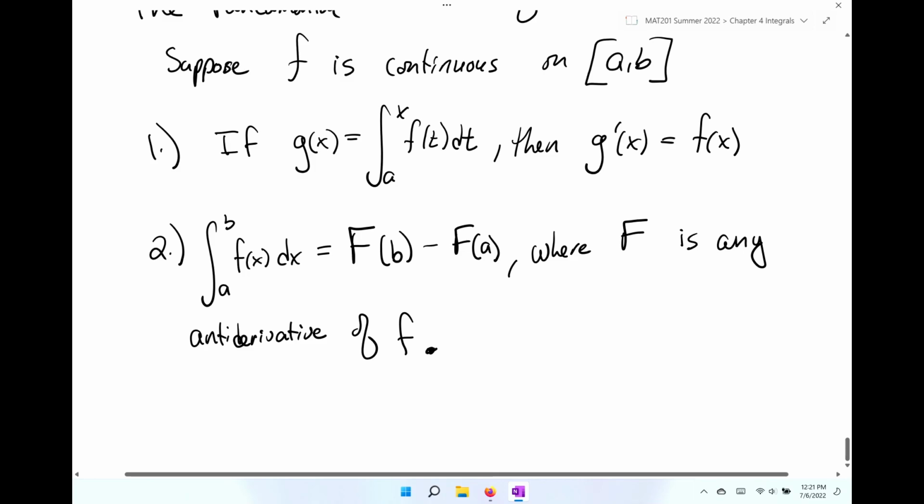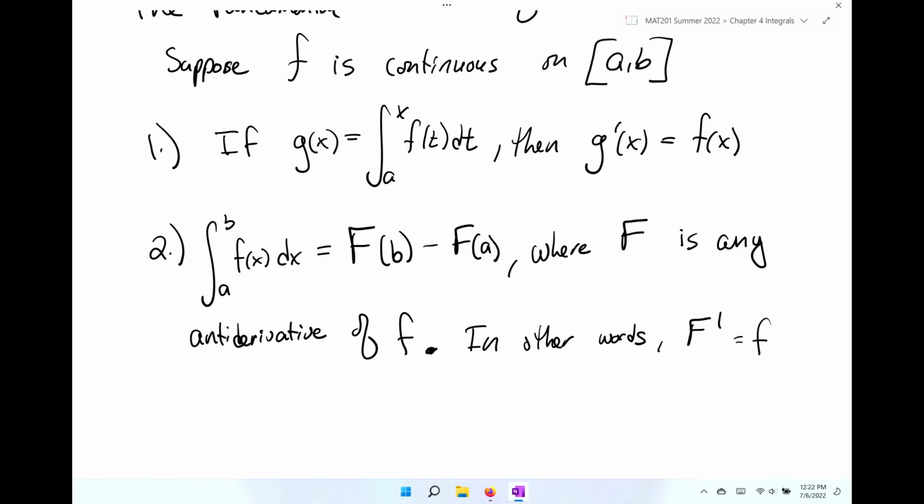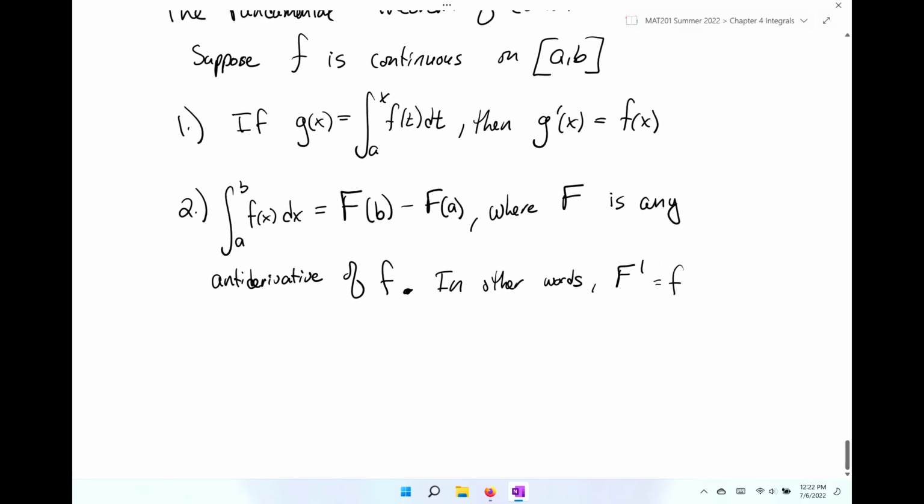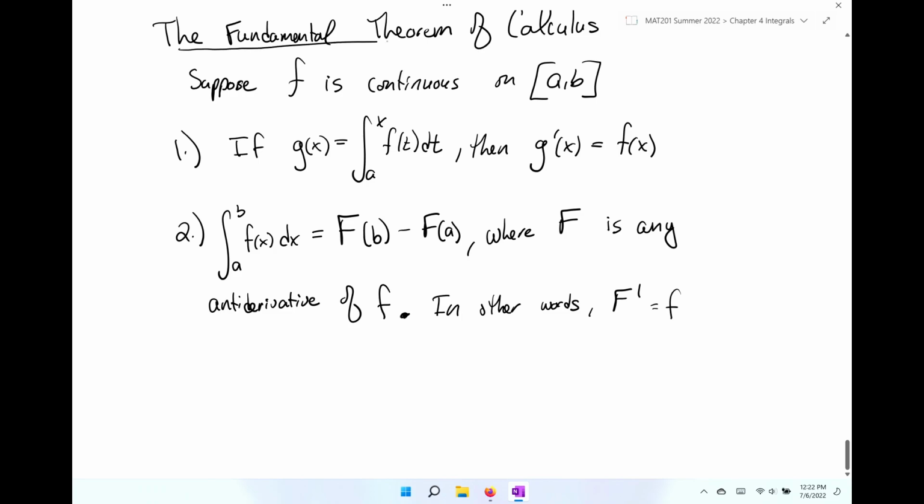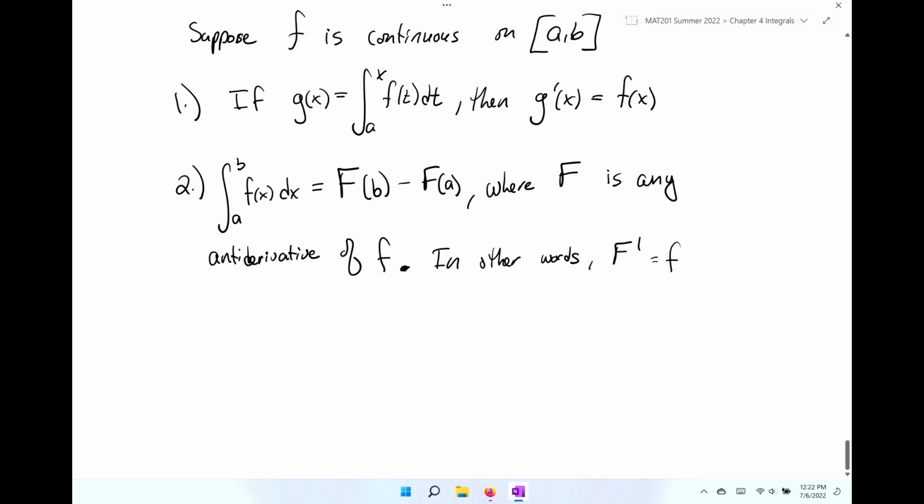In other words, the derivative of capital F equals little f. All right? So, part 1, and I realize this is probably extremely confusing right now, so let me rewrite part 1 in an easier way to understand it. Part 1 says basically this.